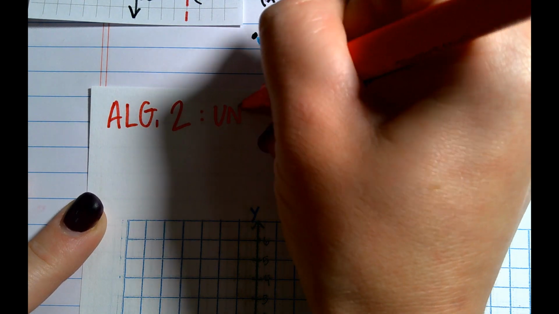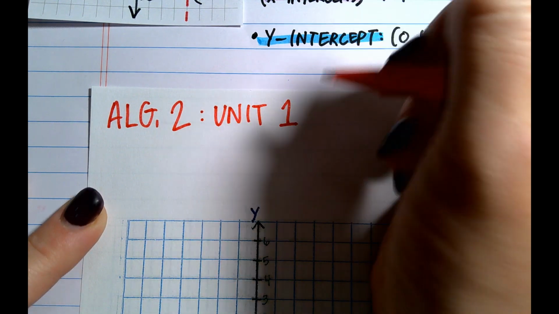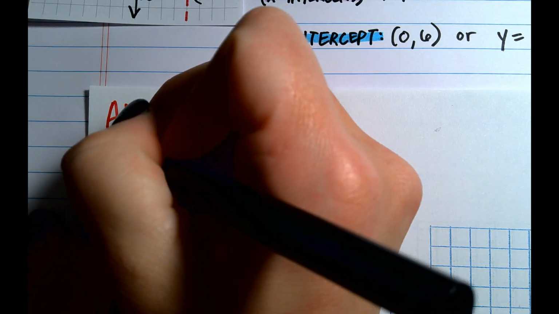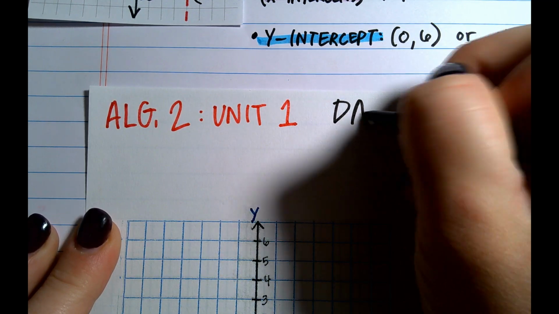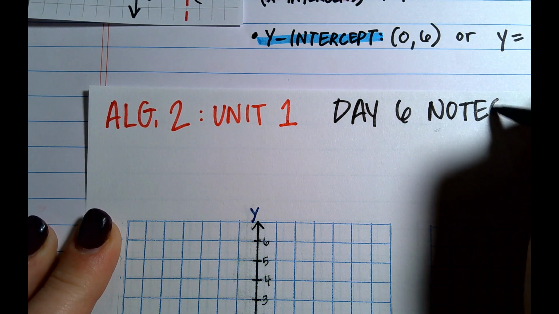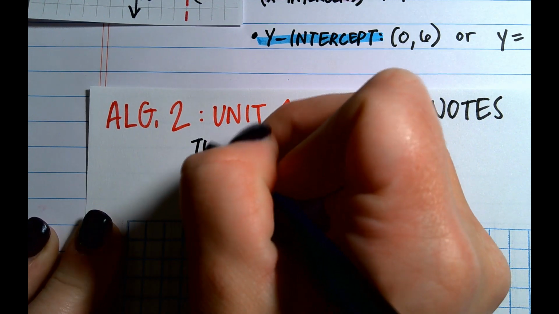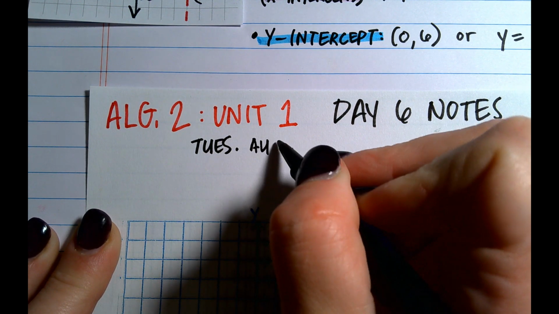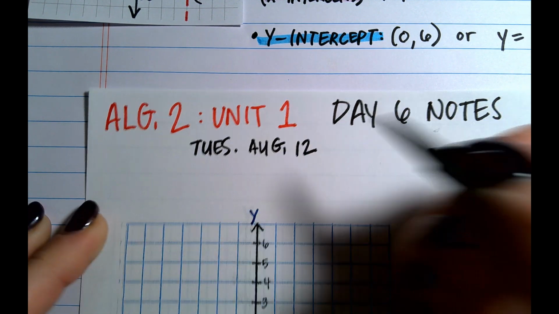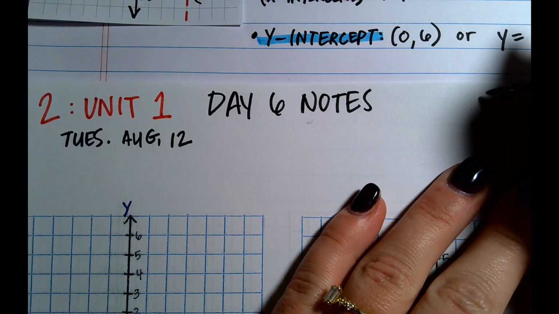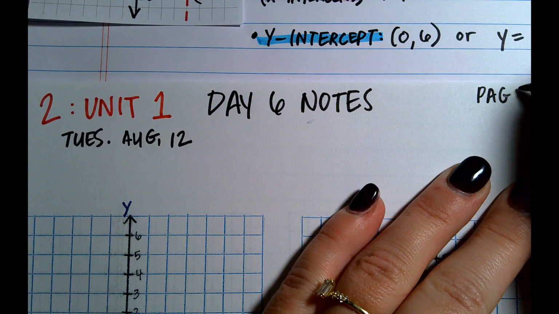Algebra 2, Unit 1. And this is going to be part of my Day 6 notes. For Tuesday, August 12th. Would this be considered page 2? Yes. We'll call this page 2.